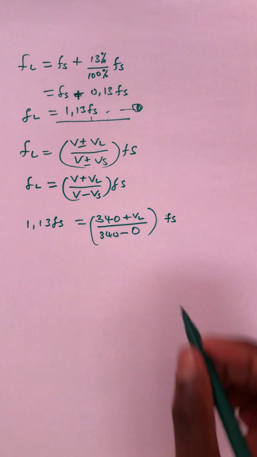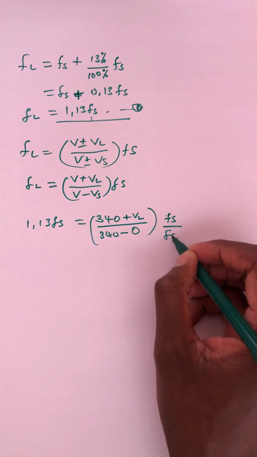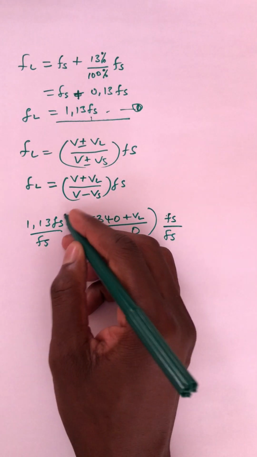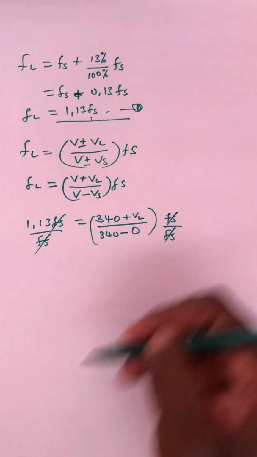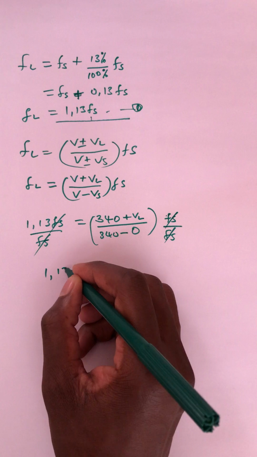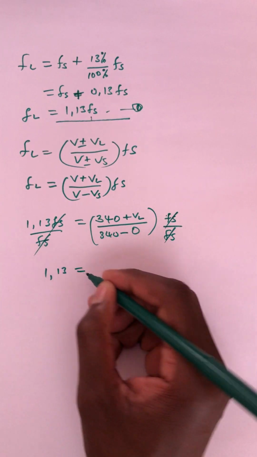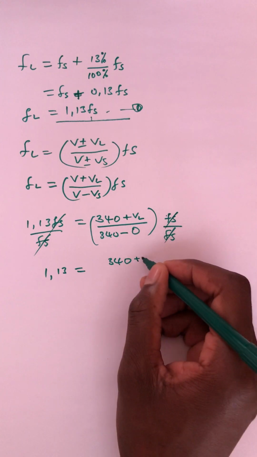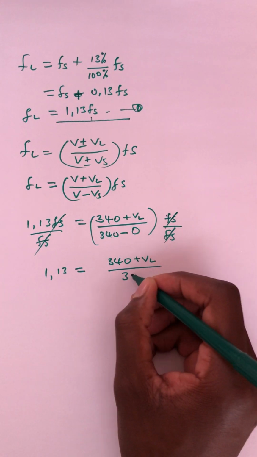So now, let's say we divide the whole equation by fs. So fs will divide fs, this one will cancel that one. Now we're left with 1.13 is equal to 340 plus vL all over 340.